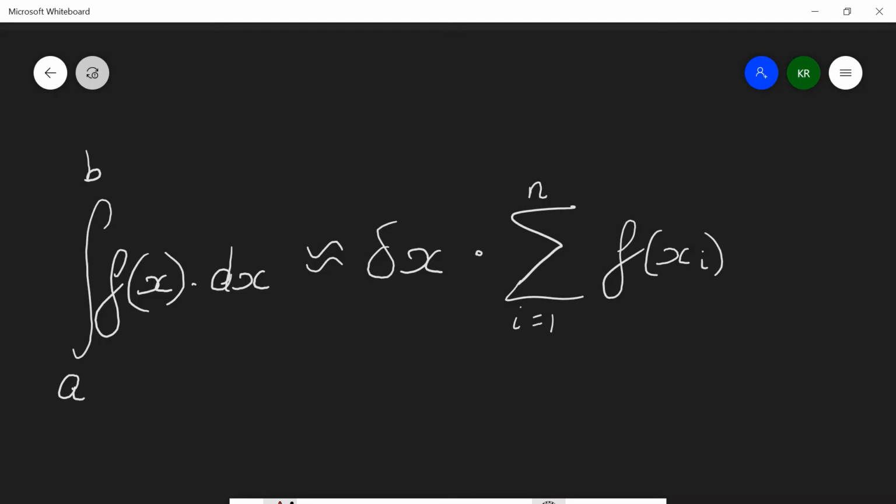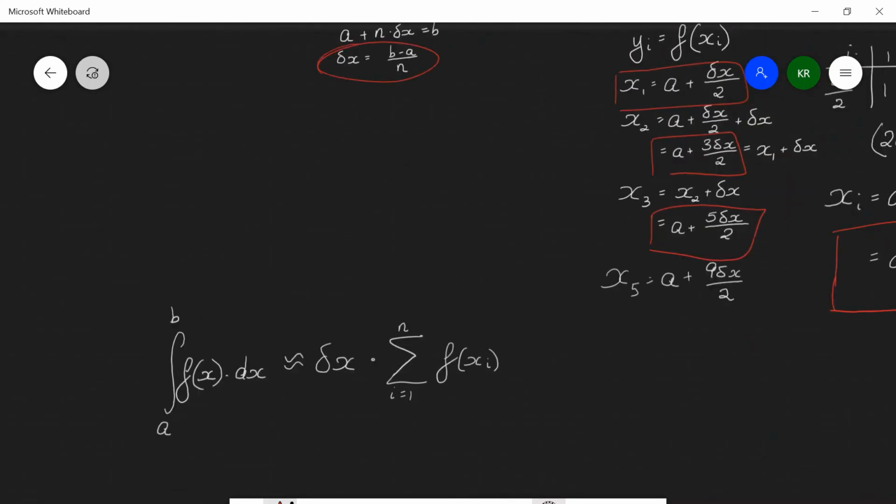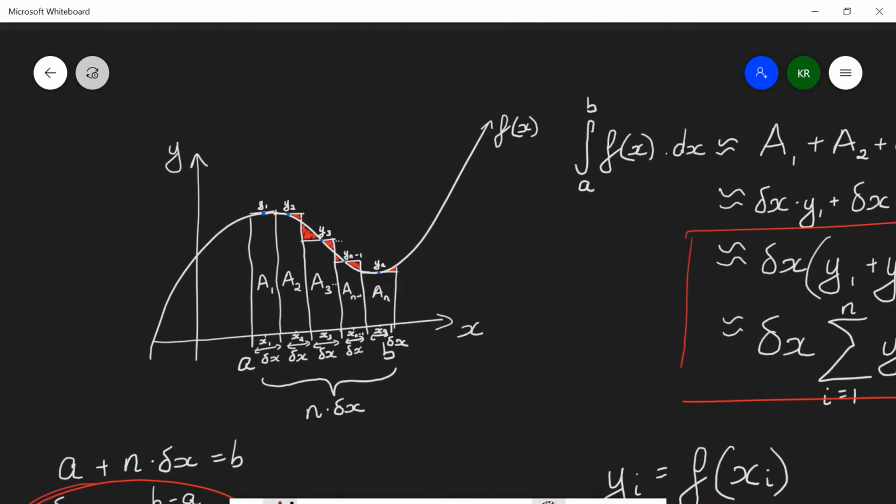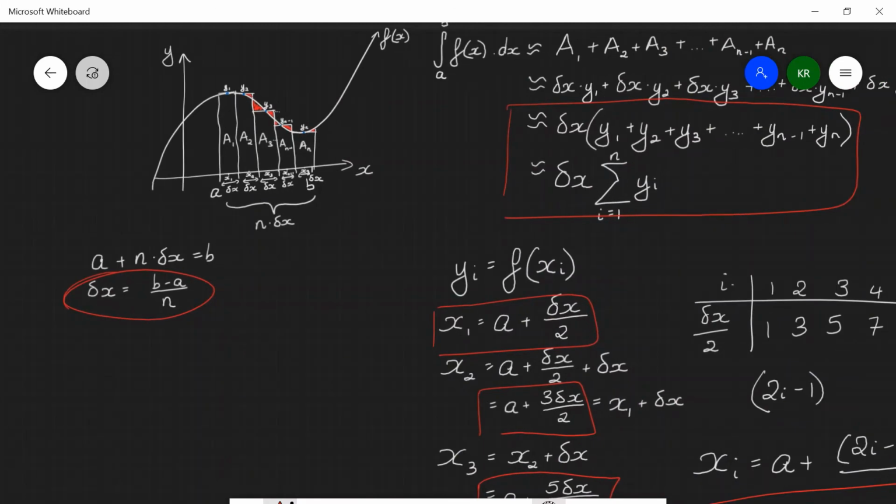I can explain that, or I can just link it to you and you can have a play around. You can see how when you change the value of n, that's to say when you increase the number of rectangles you're dividing the area into, you increase the accuracy of your approximation.